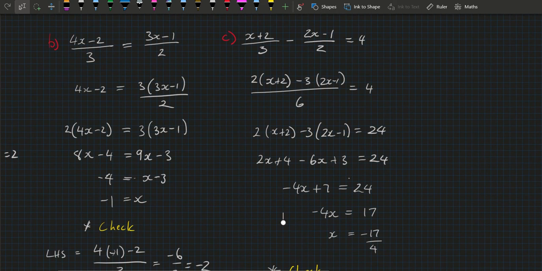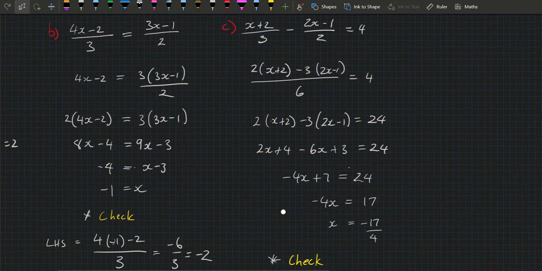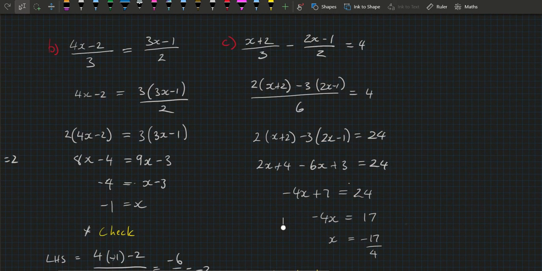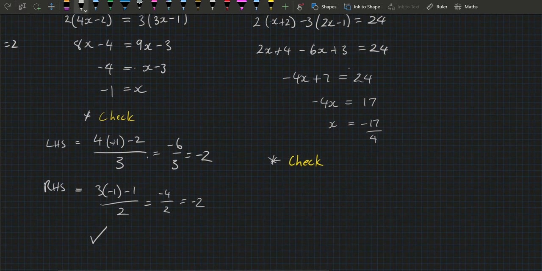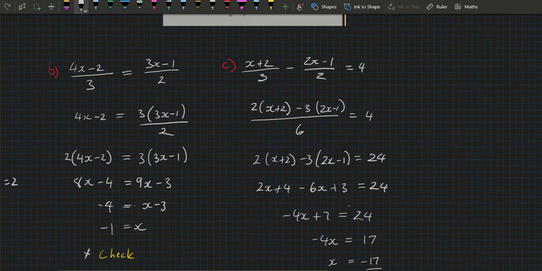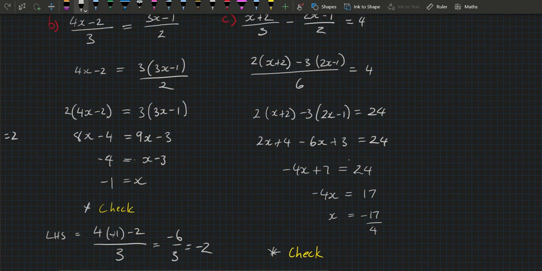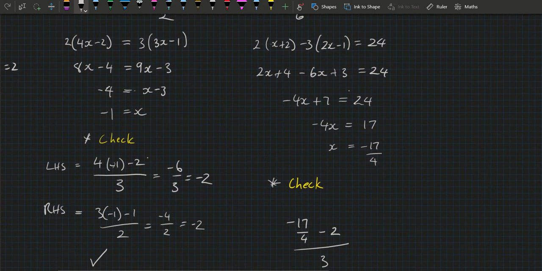Well, this check, let's have a look. Minus 17 on 4, so we got x minus 2, minus 17 on 4, x minus 2, all divided by 3. And it's a minus 2 times minus 17 on 4.